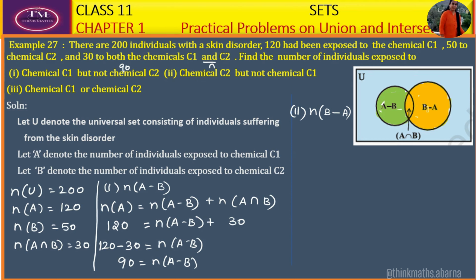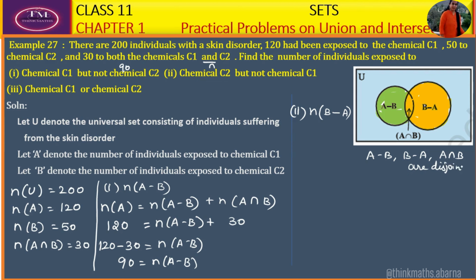So we can say the number of elements in B is nothing but the number of elements in B minus A and the number of elements in A intersection B. Okay, because B minus A and A intersection B are disjoint.